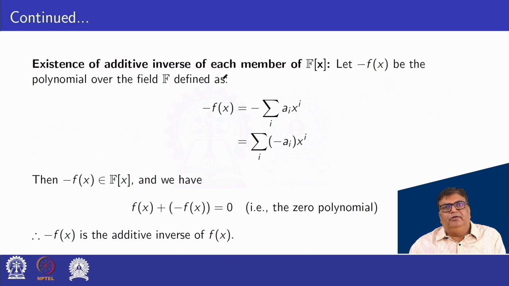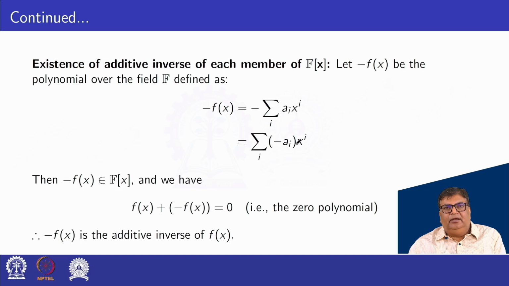Existence of additive inverse of each member of F[x]. Let -f(x) be the polynomial over the field F. -f(x) equals minus the summation over i of a_i x^i, where the summation of a_i x^i is the value of f(x). So this is -1 times it, and -a_i is also a scalar, so this can be written as the summation over i of (-a_i) x^i.